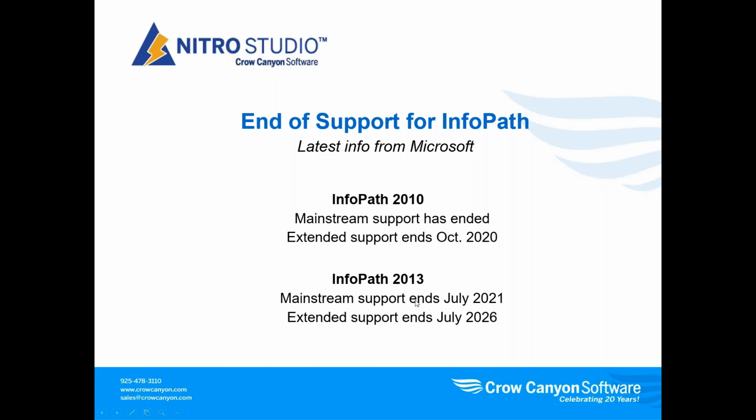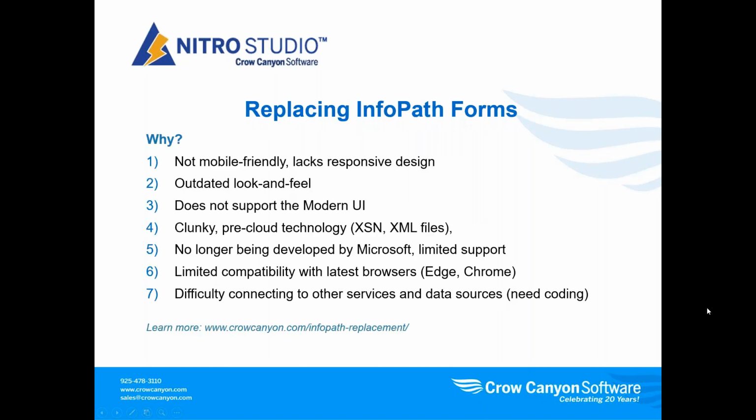Really, you want to get going now, and within two years be off InfoPath forms. Most people are probably on InfoPath 2013. If you're on 2010, you definitely want to be off it sooner, in the next year or so, or less. And with InfoPath 2013, you want to be off within two years. The better time to get moving on the InfoPath replacement is now.